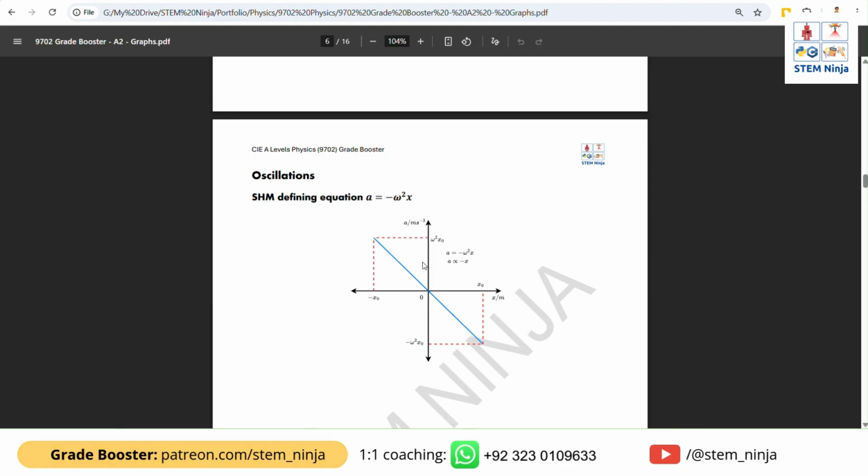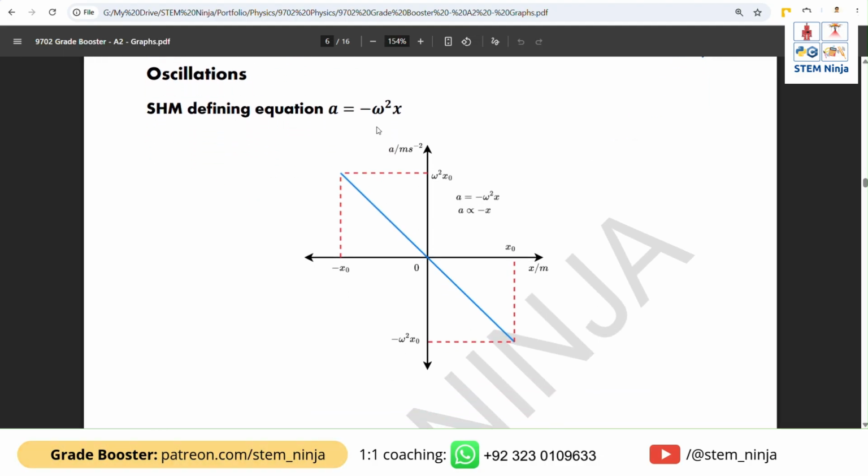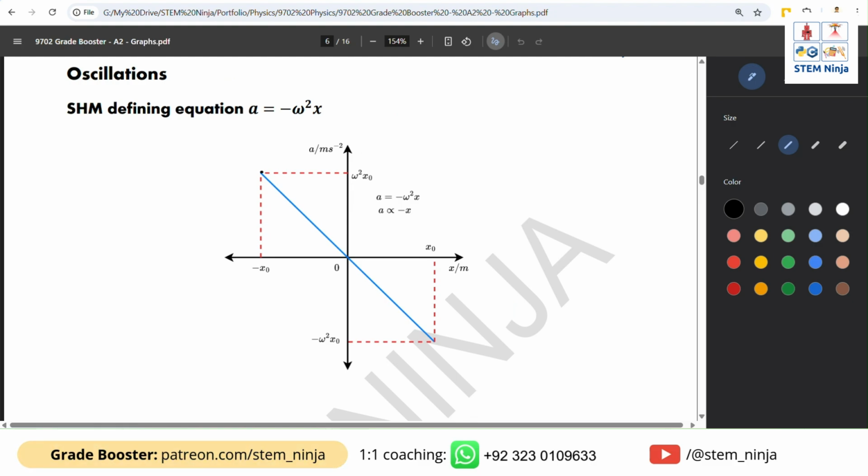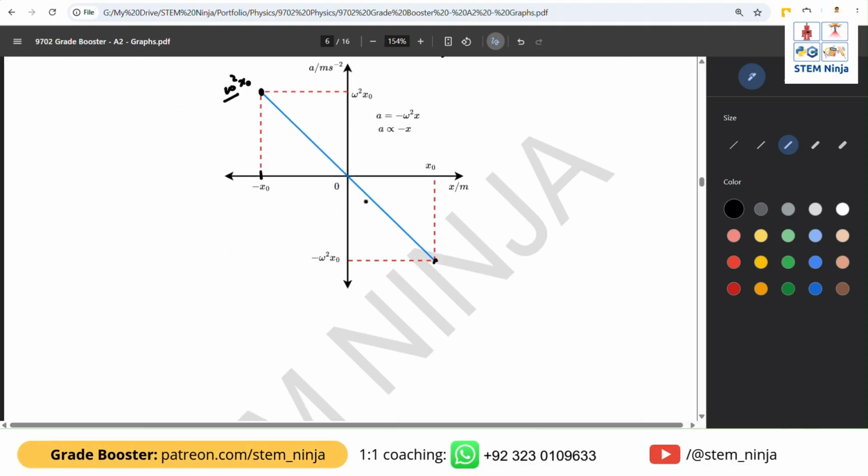The points over here correspond to the ones that we saw. The y value is omega squared x naught. The x coordinate represents the amplitude, and the y part the maximum acceleration, which can give us omega if we have the acceleration, which we have.